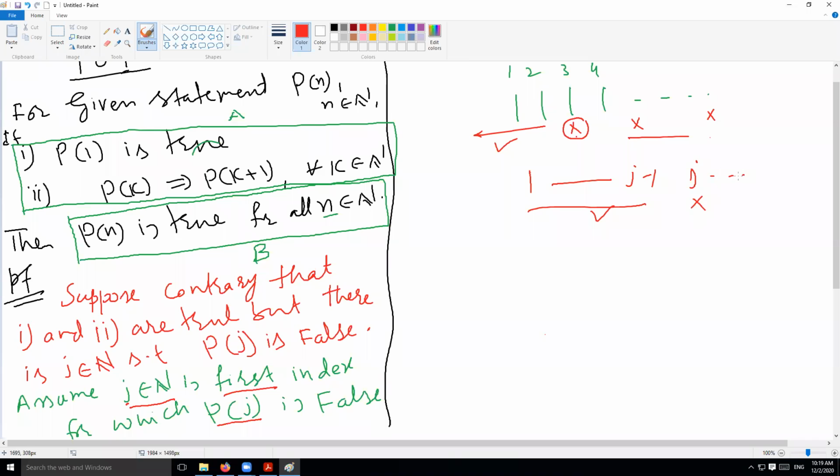And after this, there can be many statements which are true and false, but I'm only interested in the first instance when the given statement is false. Is this understood?